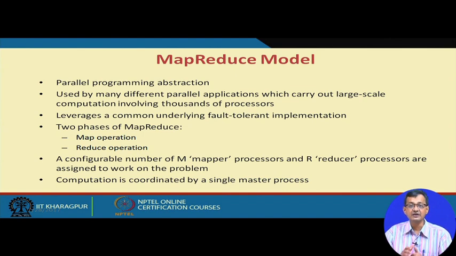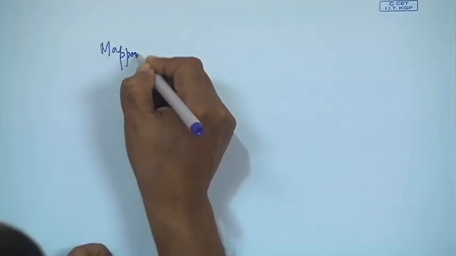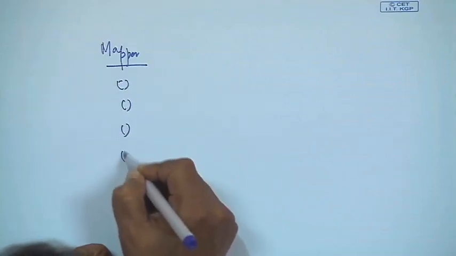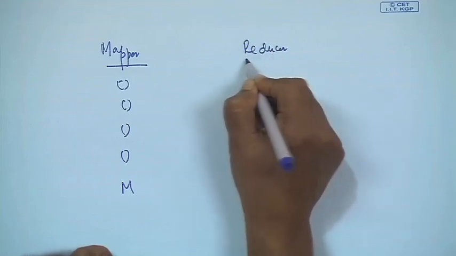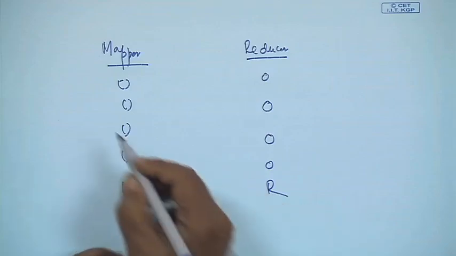So, what we have now are different mapper processors and different reducer processors. The whole process is divided into two things: I have mappers, so there are M processors, and there are reducers, so there are different reducer processors.